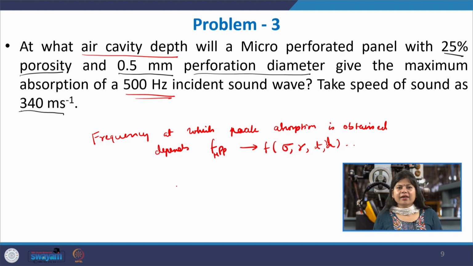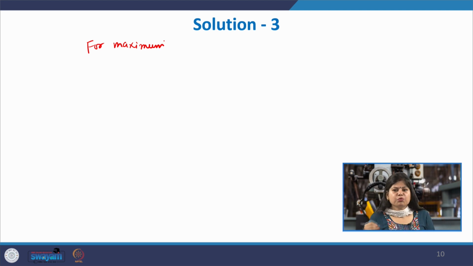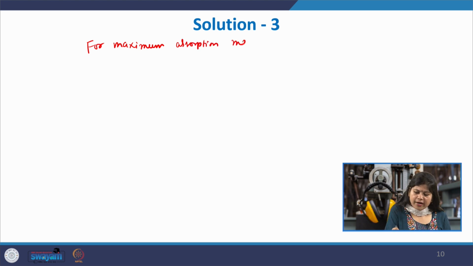Because again, the air cavity depth will impose a rigid boundary condition. As already taught in the theory, for maximum absorption the acoustic particle velocity should be maximum when they hit the panel, and for maximum absorption magnitude at a particular frequency f, the air cavity depth should be lambda by 4.